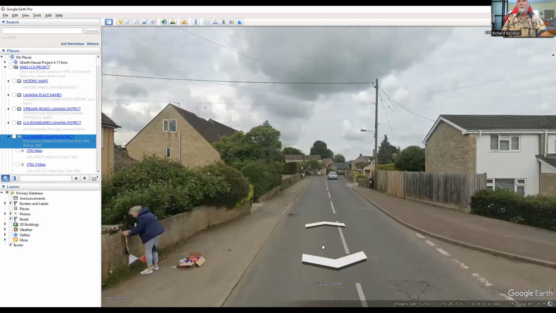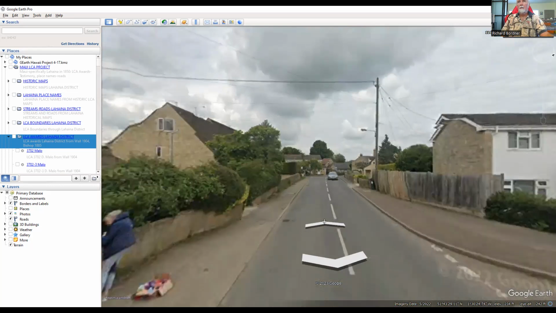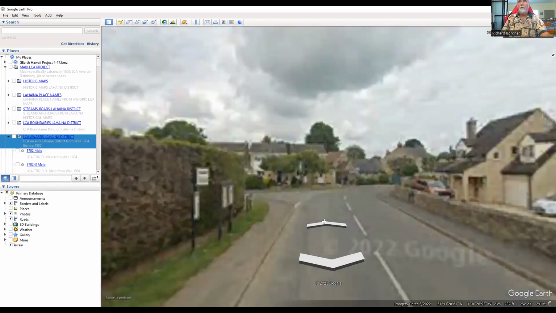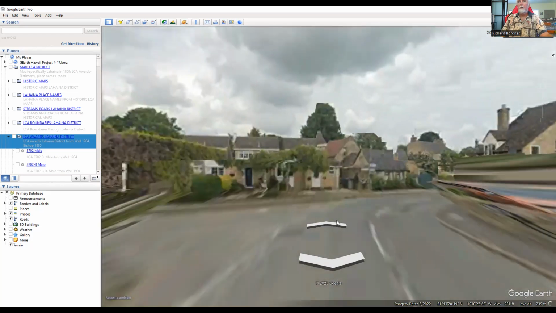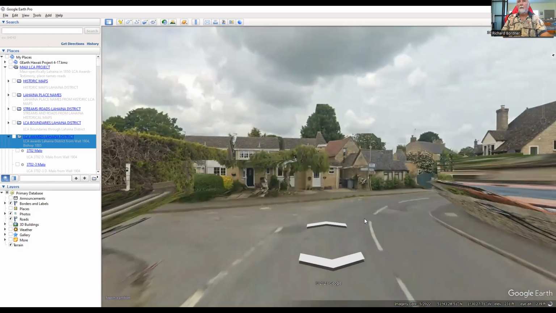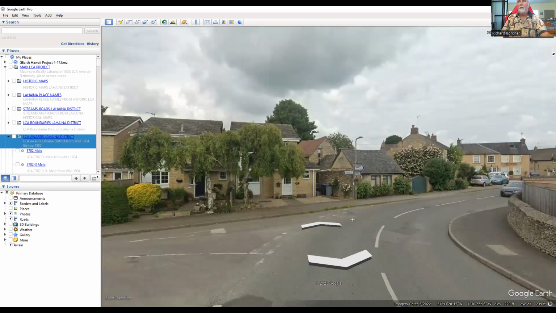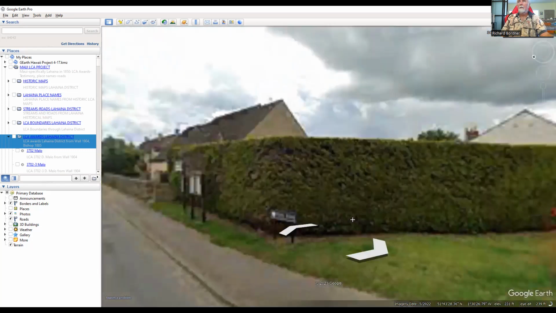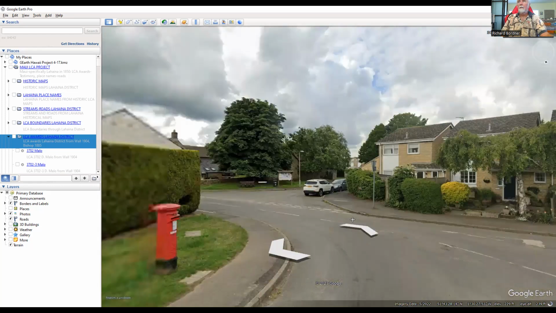Hard to tell. So this is a quintessential English town. I don't know where it is, but somewhere around here has got to be a pub.